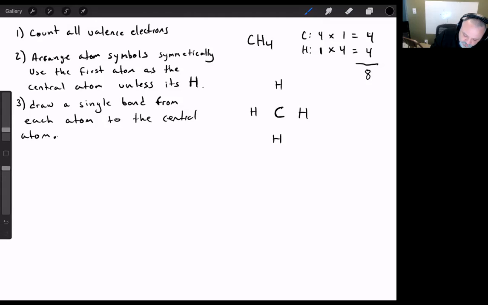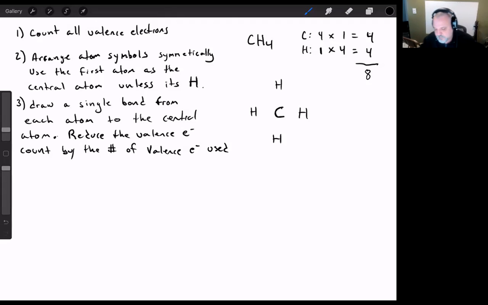But then we're also going to reduce the valence electron count by the number of valence electrons used. So this is what I mean. Line, line, line, line.